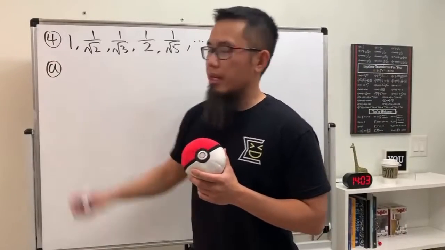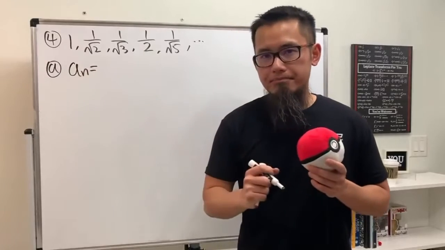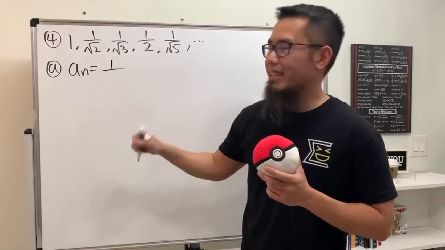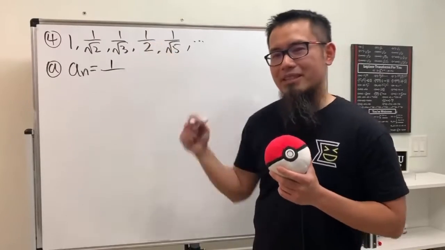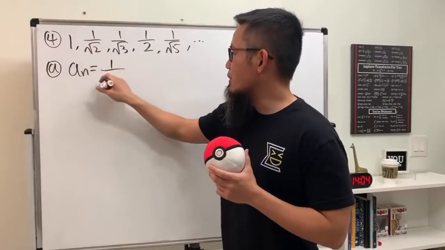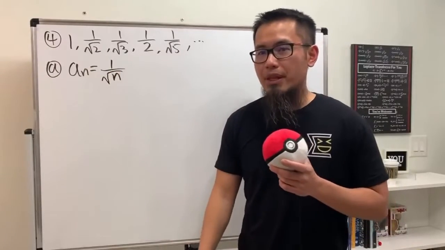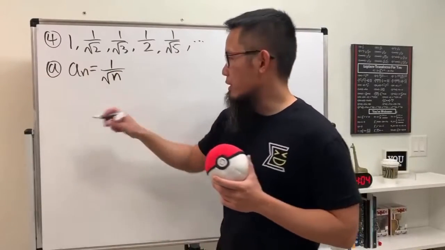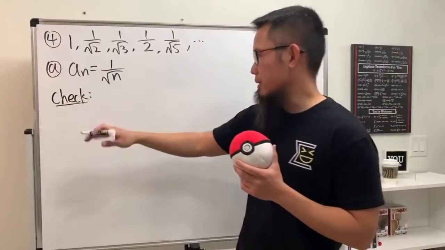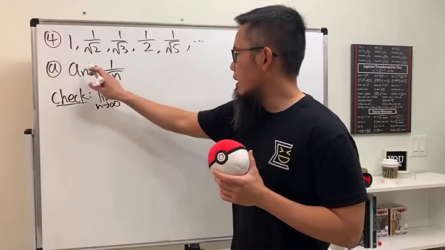Okay, an, right? First one, figure out formula. An, everything on the top is just 1, so it's 1 over this 2. It's the same as square root of 4. So all in all, in fact, this is just 1 over square root of n, right? So that's pretty clear. And again, does an converge or not? Well, let's go ahead and just do the usual thing. I want to be consistent throughout this video, so that's why I keep putting down the check, and we'll check the limit as n goes to infinity of an.